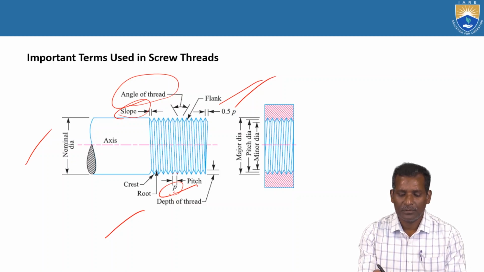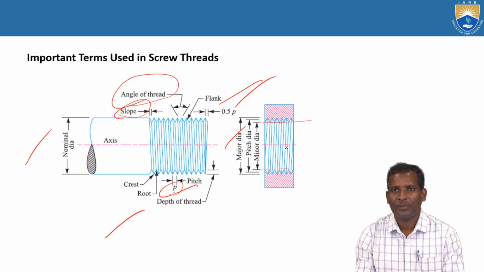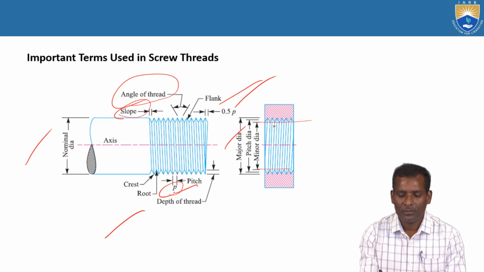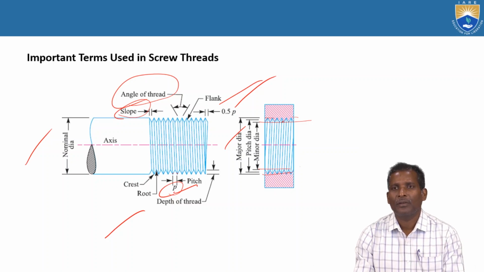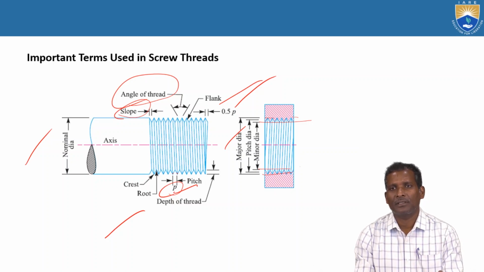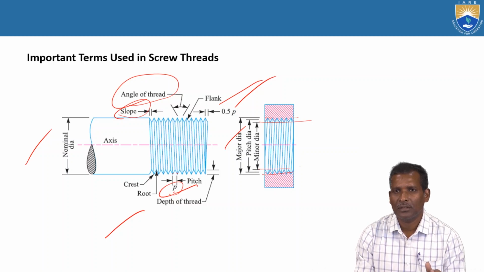Here in this video are shown major diameter, pitch diameter and minor diameter. The minor diameter is calculated at the bottommost portion, and the pitch circle diameter and major diameter at the topmost portion of the thread.